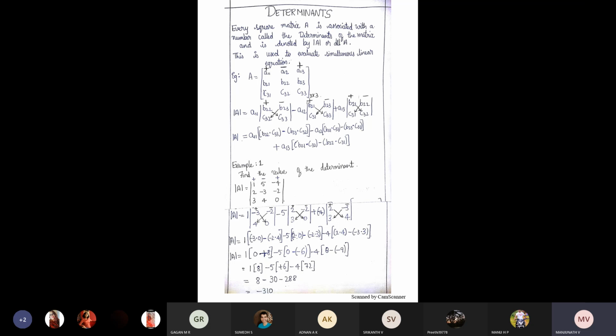If anybody is not following my slide or PPT, you can copy Sumedh's writing. He has maintained spacing, and the arrow marks are also quite neat. Both are fine, anyone you can copy.